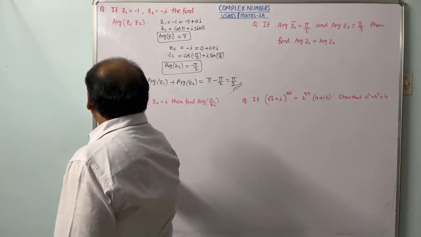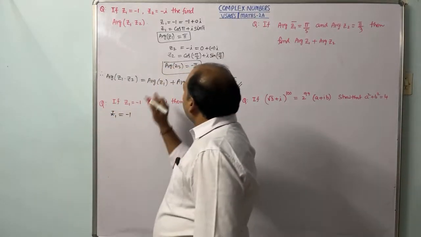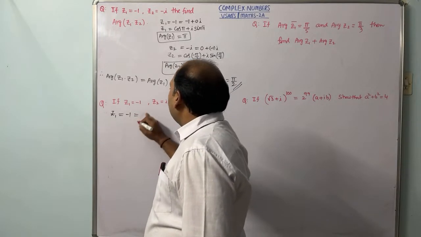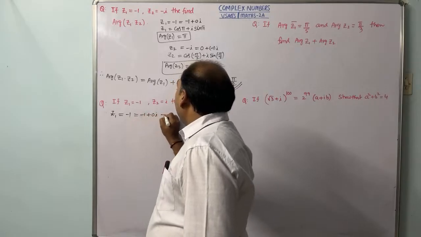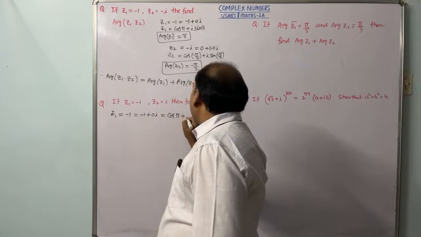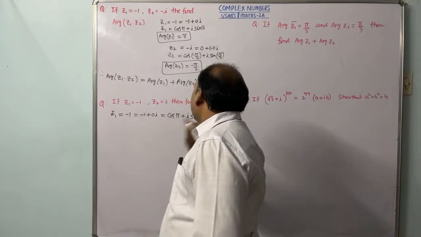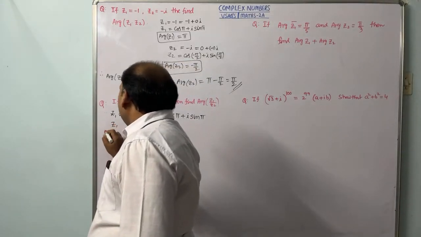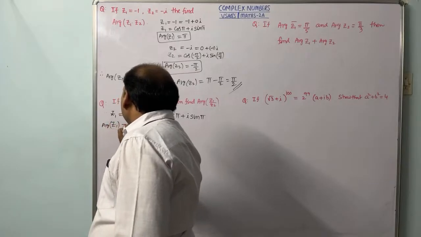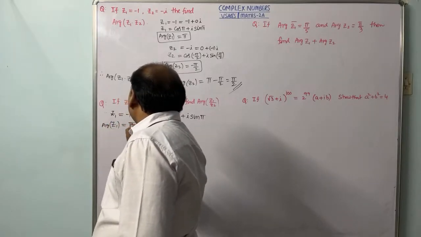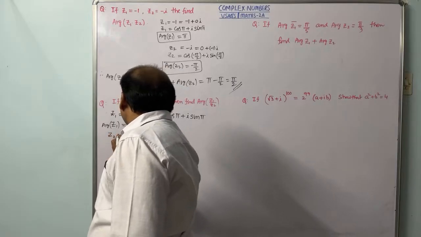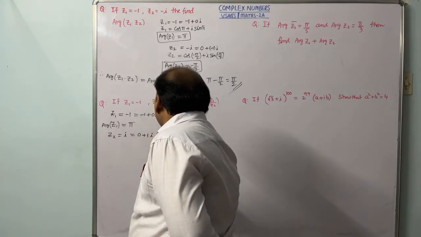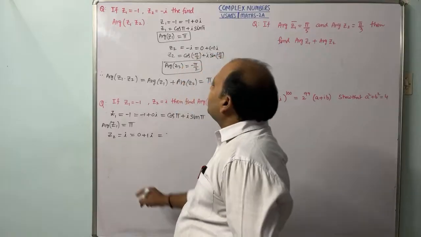Next, come to the next question. z1 equal to minus 1. Here also we can make it as minus 1 plus 0 into i, that is equal to cos pi plus i sin pi. So argument of z1 is equal to pi. Next, z2 is equal to i. We can write it as 0 plus 1 into i, here positive 1 is there, no?